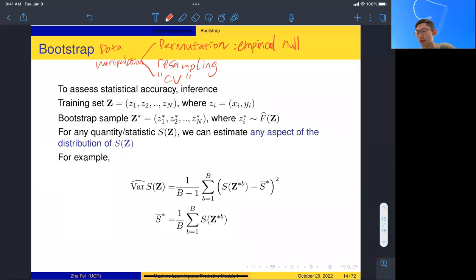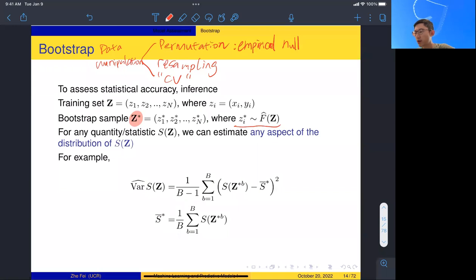So first, let's define the bootstrap sample. Oftentimes people denote a bootstrap sample with a star, where each of your bootstrap samples comes from the empirical distribution of the data. So this Z star comes from F hat.